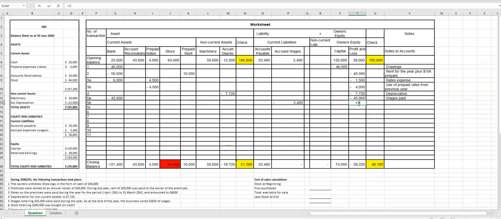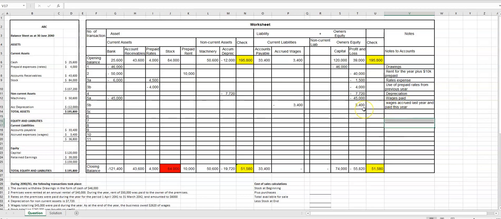So we're going to add in 3,400, and that ensures that as far as the accounting formula is concerned, we've reduced the accrued wages, we've allowed for that in the profit and loss, those two net out, and we are still in balance. So our notation on here is going to be wages accrued last year and paid this year. Okay, so that one's done.